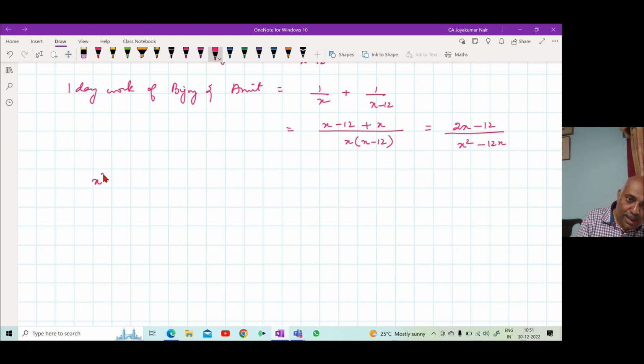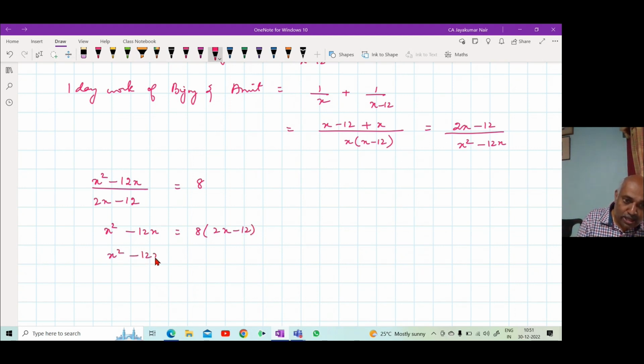So x squared minus 12x over 2x minus 12 should be equal to 9 days, because they are saying in the question that they will take 9 days if they are working together. So cross multiply, x squared minus 12x is equal to 9 into 2x minus 12.